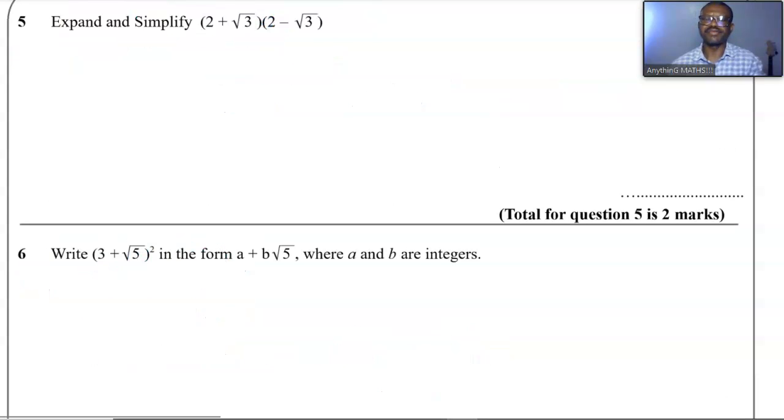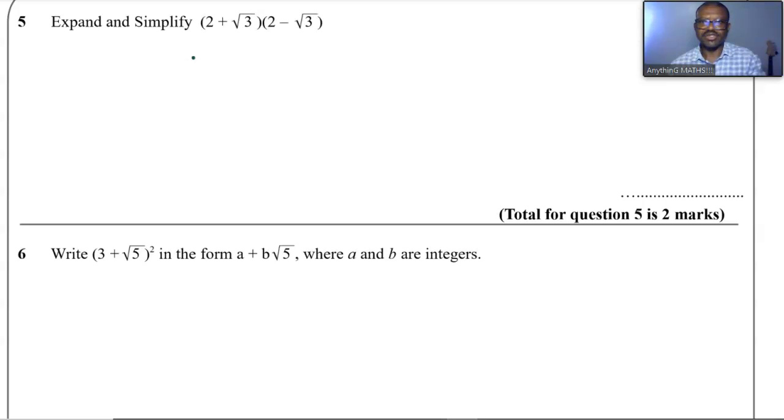Expand and simplify this expression. When we look at this expression critically, it's quite obvious that this is a difference of two squares. And that is the reason why I took my time to explain it to you in the previous video, so that you don't have to go through expanding this, because it's going to waste your time in the examination room.